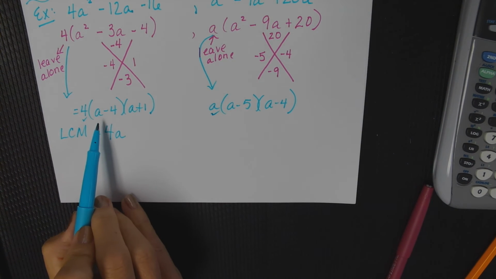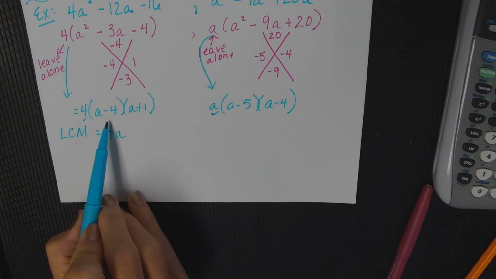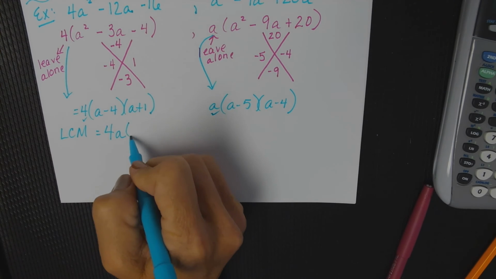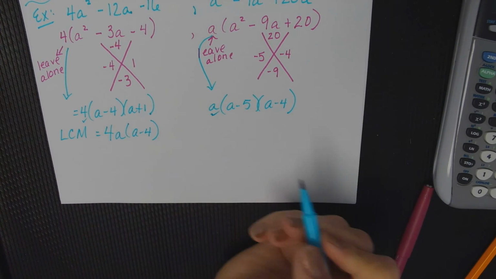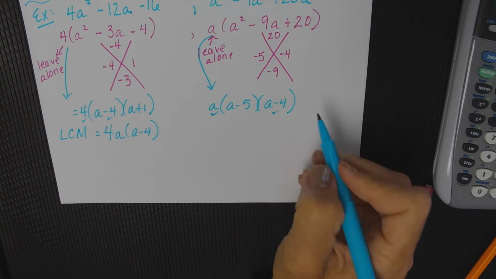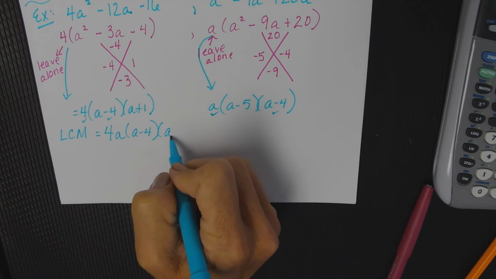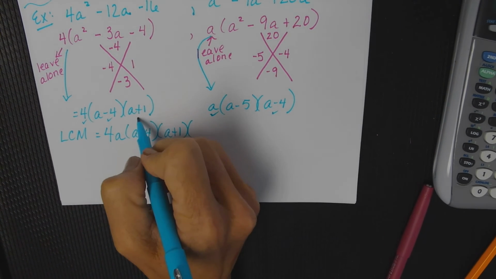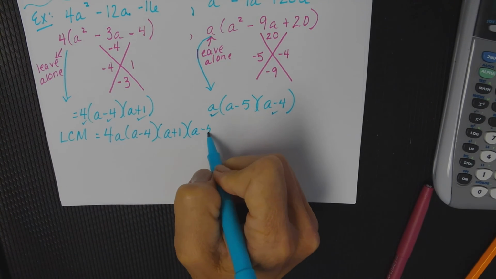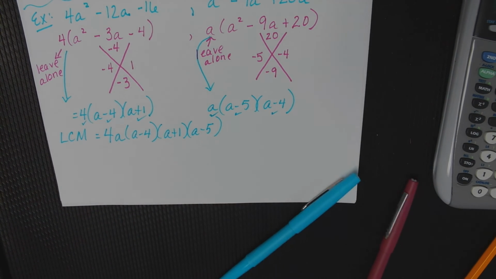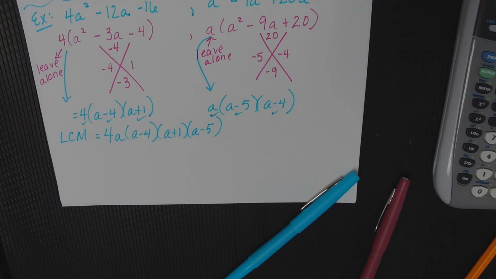All right, what about a minus 4? You got 1 here. Write it once. Okay, check that one and check that one. A plus 1. Is there another one? No. Nope. And one more. A minus 5. Check. That is the least common multiple.